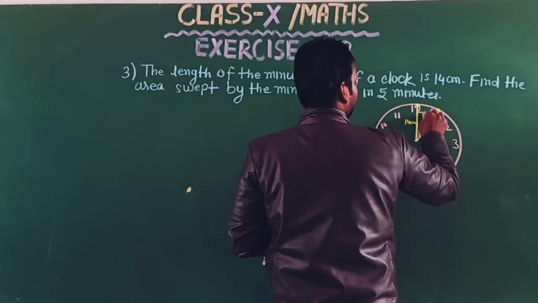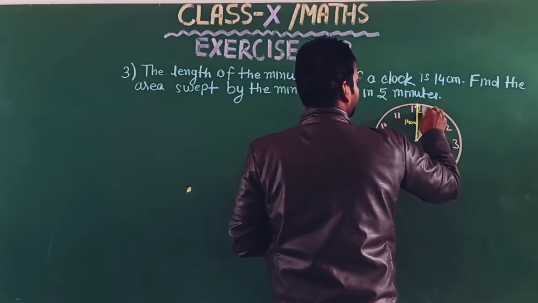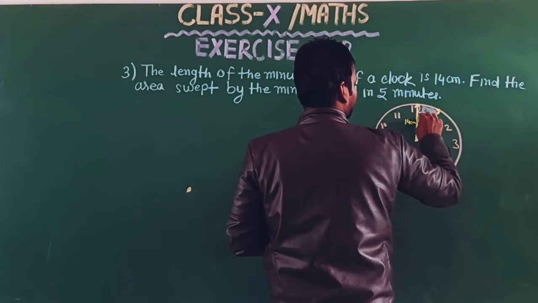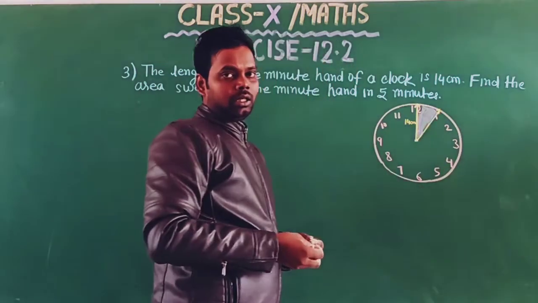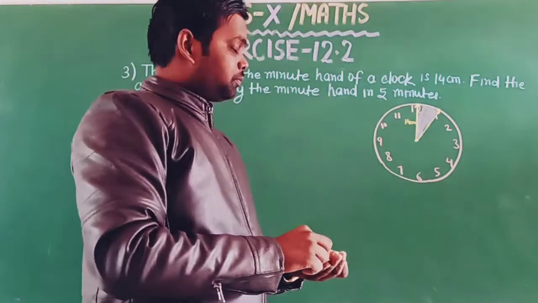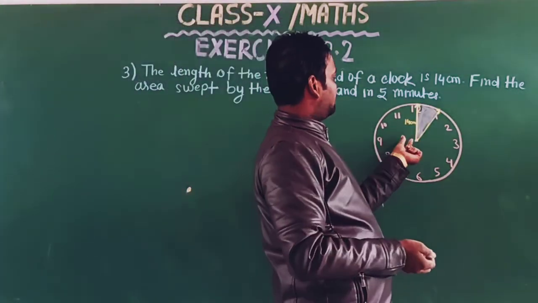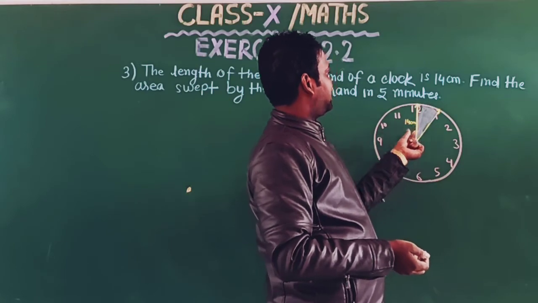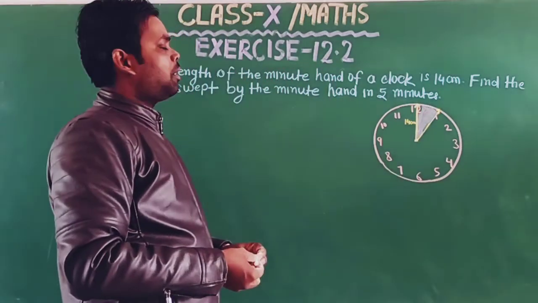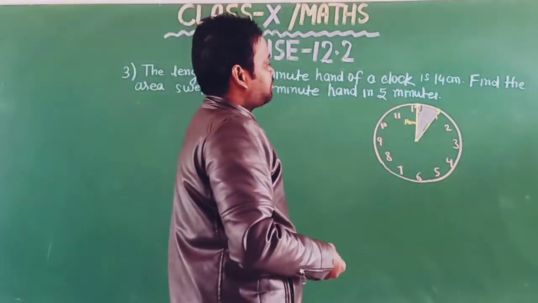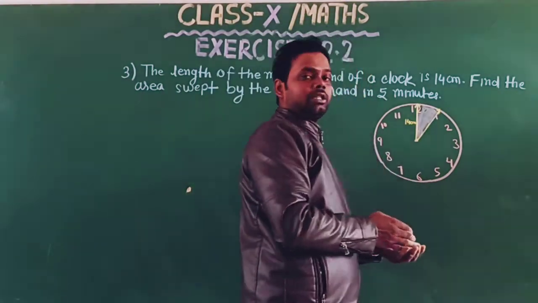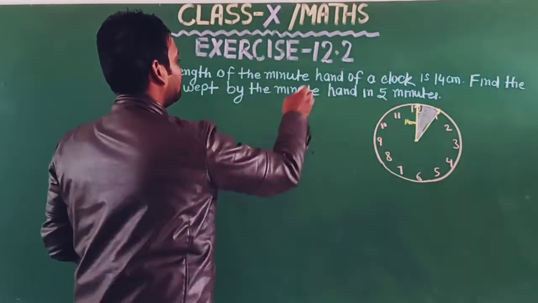So this is a sector. We can see the figure looks like a sector of a circle. So one thing is clear from the figure: the 40 centimeter is the minute hand of the clock, so we can say 40 centimeter is the radius.